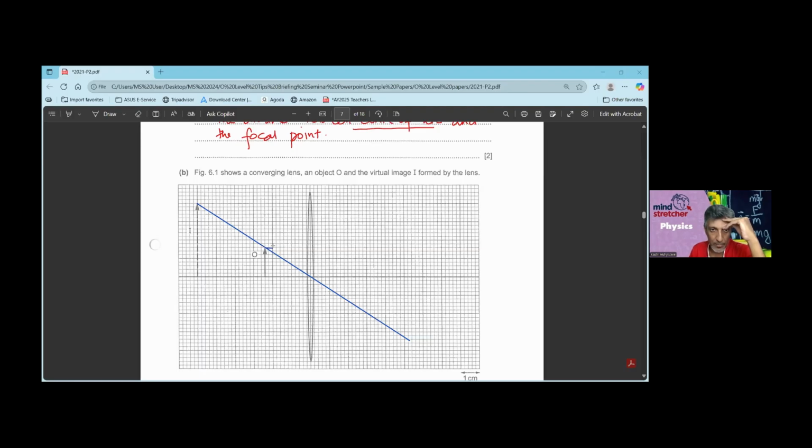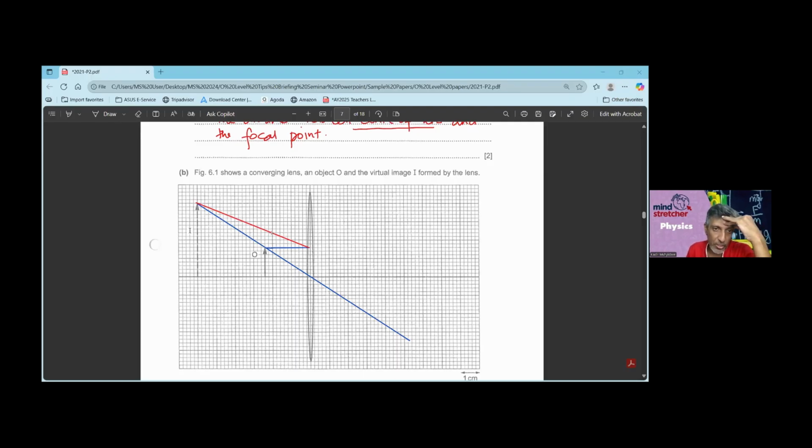Now, what you do know is that the other ray will be like that. If I were to draw this ray to the center, this other ray should go like this. Let me use another color. Okay, guys, actually by right, the rays on this side should be dotted.